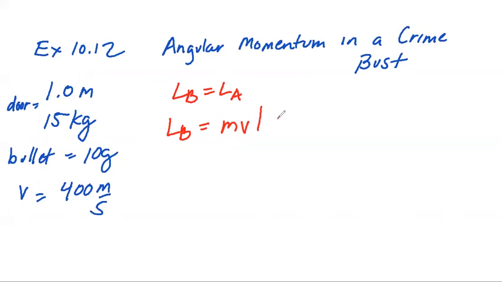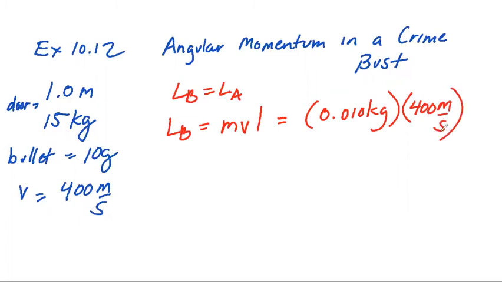That's 0.010 kg times 400 meters per second times 0.50 meters, which gives us 2 kg meters squared per second.